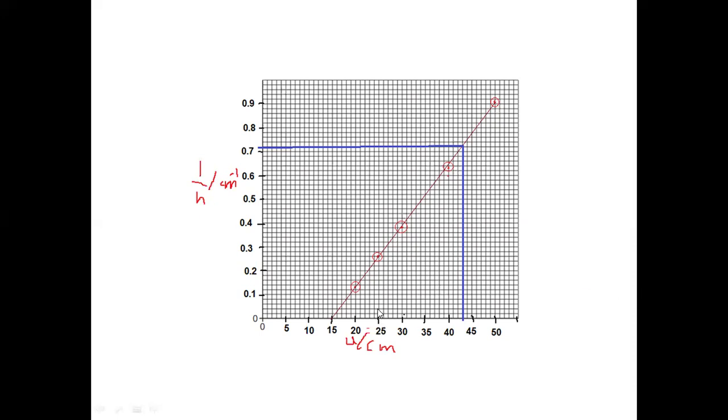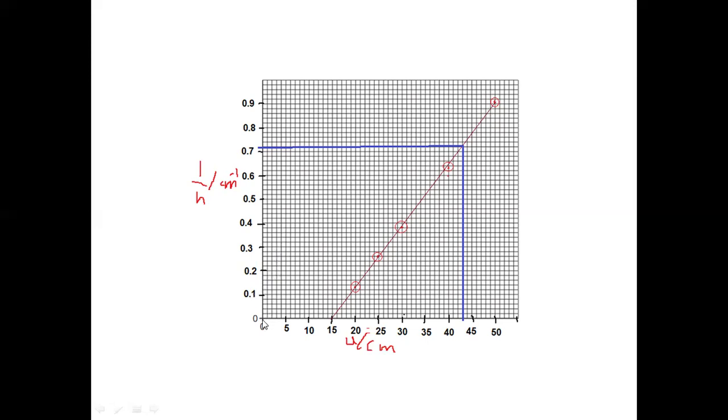You have to follow the instructions. Again, no blobs are to be plotted. All the values are plotted here. When the object distance increases, what is happening to the height? The height is actually decreasing, but here we have 1 upon h, so 1 upon h becomes bigger than the initial value.